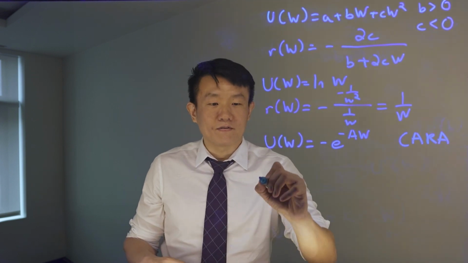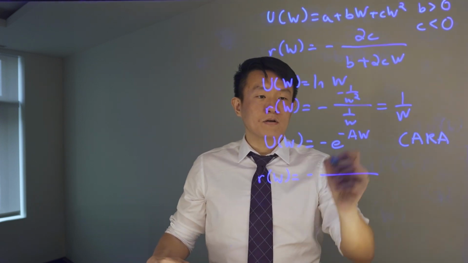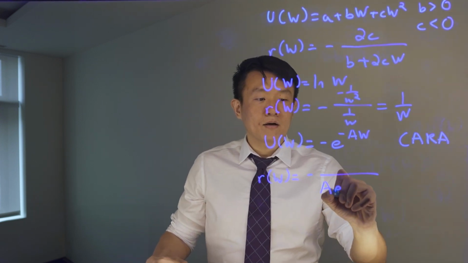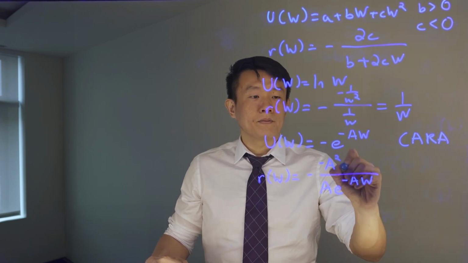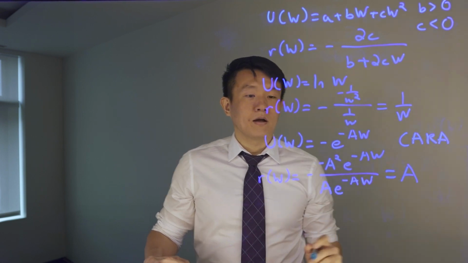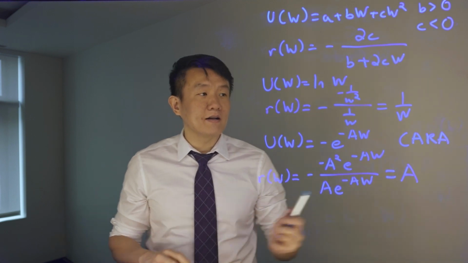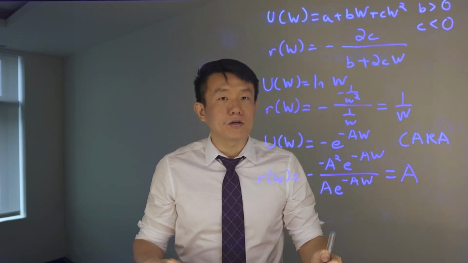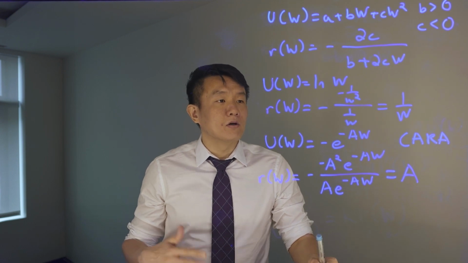The reason for this is if I compute the absolute risk aversion, in the denominator, I'm going to get this. In the numerator, I'm going to get this. This all cancels out and gives me a coefficient of A. So if I had an individual with CARA utility, their attitude toward risk would be the same no matter what wealth level they're at.